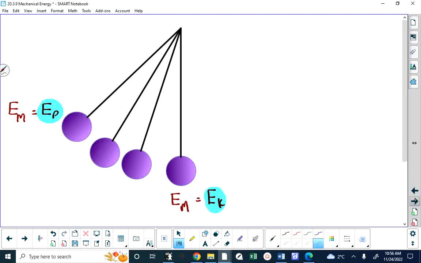On the other hand, at, say, this point, what is the mechanical energy? Well, I don't know if you get my subtlety on how I wrote this, but look at how big the EP was written at the top and look at how big the EP is written here. There's less potential energy. But there's also less kinetic energy at that point than there is at the bottom. So what's happening is as the pendulum moves, the potential energy starts dropping from the maximum.